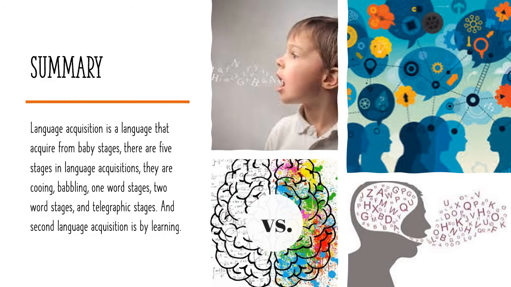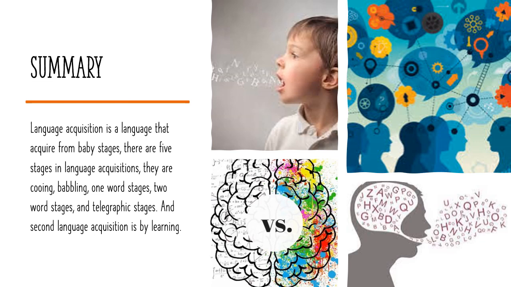In summary, language acquisition is language acquired from early stages. There are 5 stages in language acquisition. The cooing stage happens between 2 until 4 months. The babbling stage happens in 5 until 8 months.